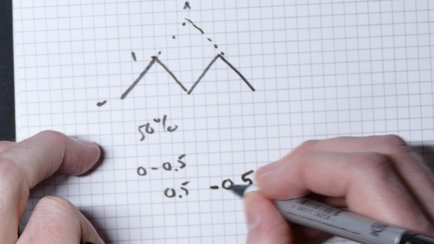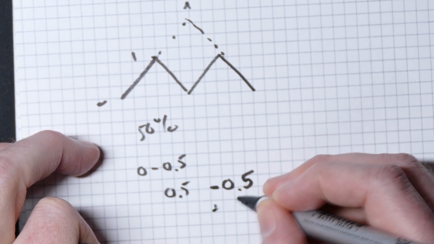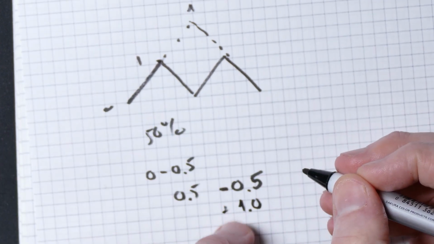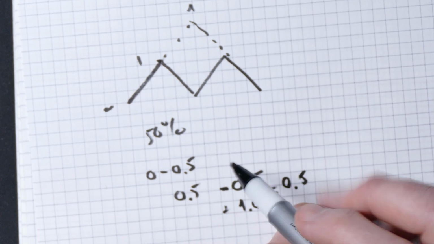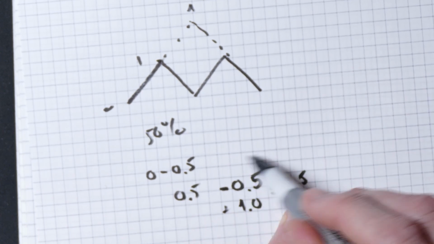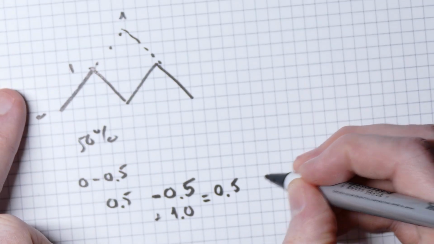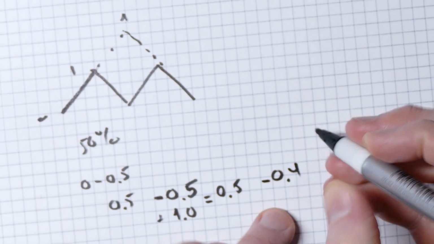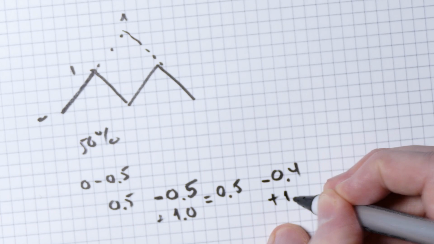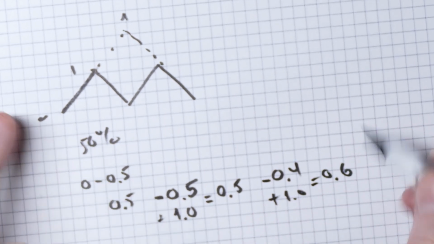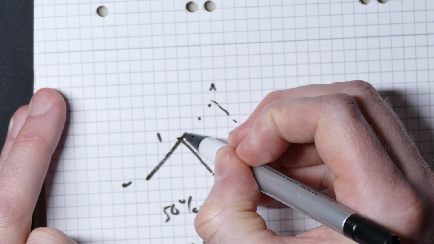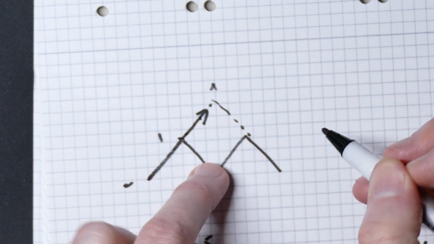So we get minus 0.5 plus 1 from the flip-flop equals 0.5 again. And as this value goes down from the switch, so you can say it goes to minus 0.4, again it's plus 1 equals 0.6, etc. So then it starts going up here, which is what we wanted to do.